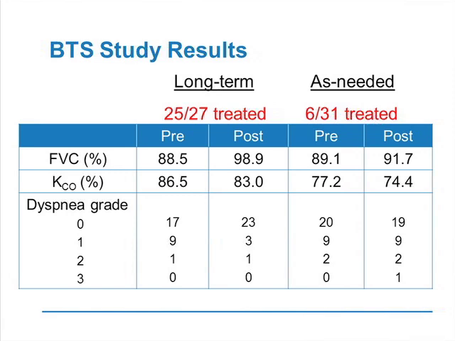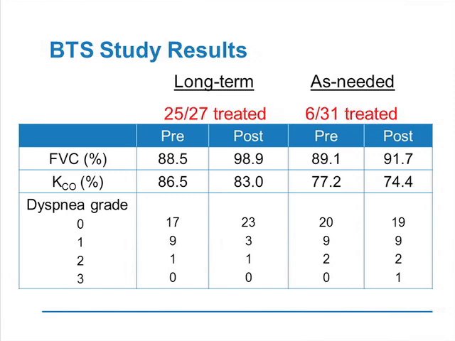If you look at the 5-year follow-up, you can see that there are improvements in the vital capacity in both groups, perhaps slightly greater in magnitude in the long-term treatment than the as-needed treatment, and the same thing with the dyspnea grade. But I think that most would feel that the magnitude of these changes is relatively modest, and so still the standard practice is to observe patients who do not have immediate upfront indications for treatment for pulmonary disease.